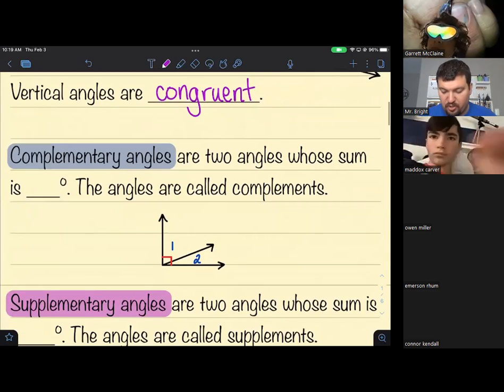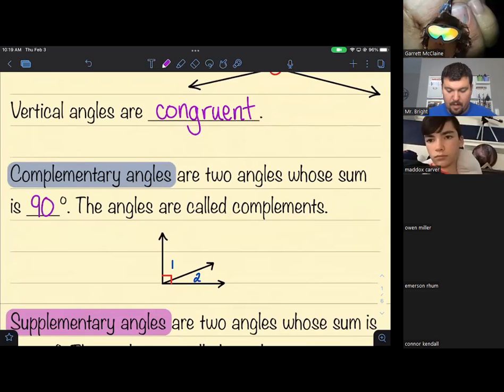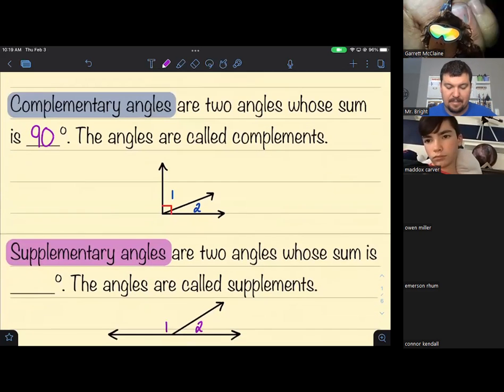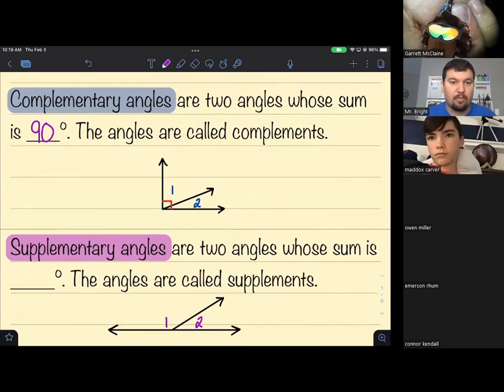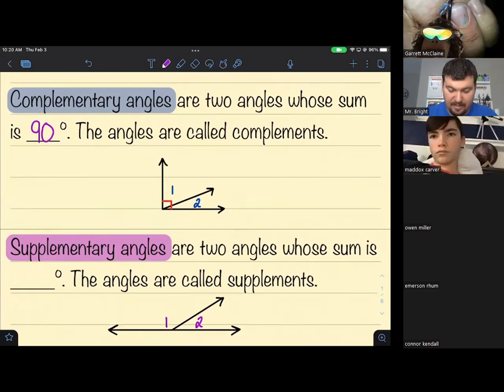Complementary angles are two angles whose sum is 90 degrees. What that means is that these two angles would form a right angle. They do not have to be touching. They do not have to be adjacent. Adjacent means angles that share a common side and vertex.